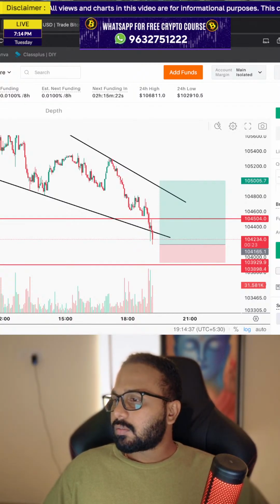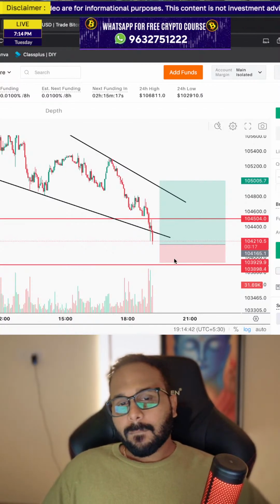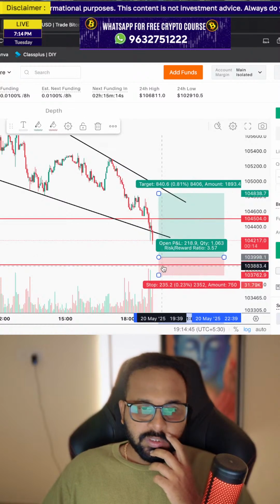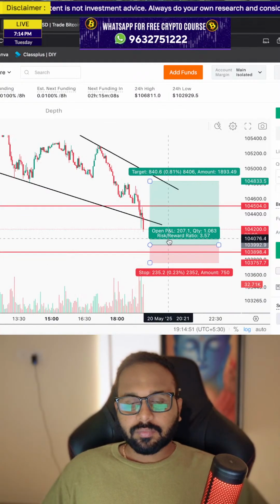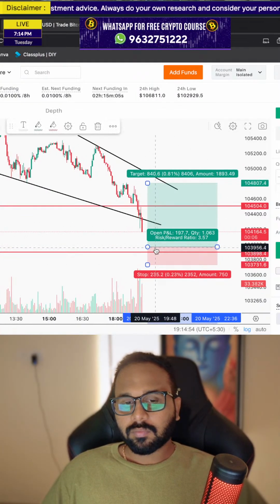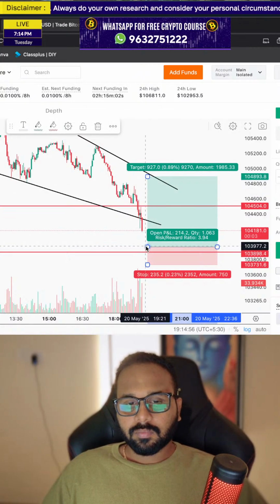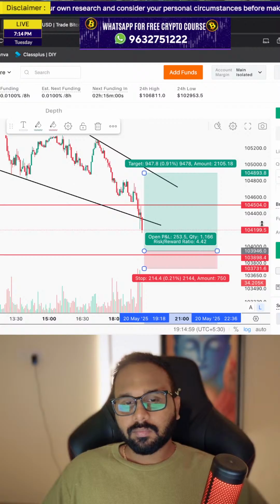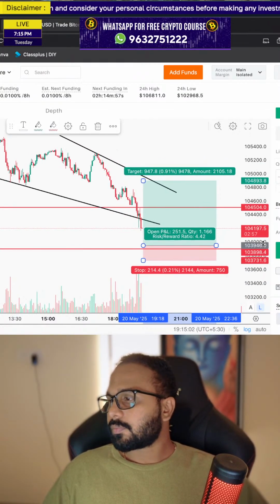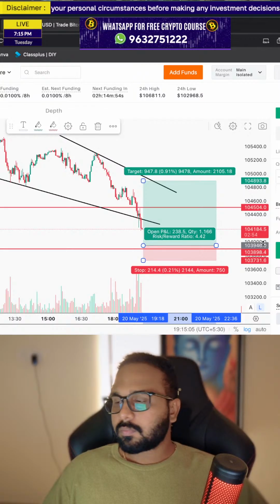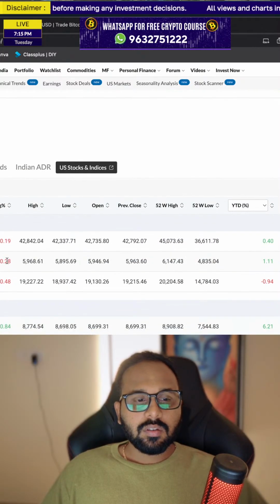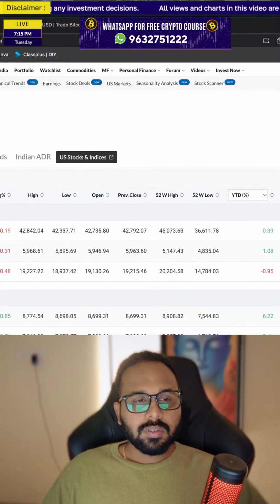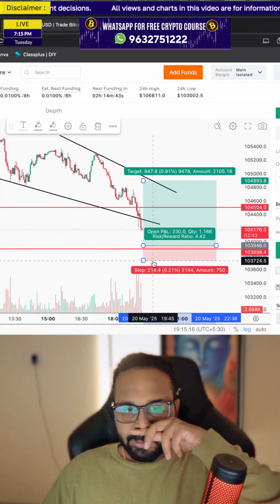Dow Jones. Okay, let it come lower. This is the zone. At this zone, we'll be looking for opportunity. So, global market 0.4%, 0.3% is not that much of a correction.